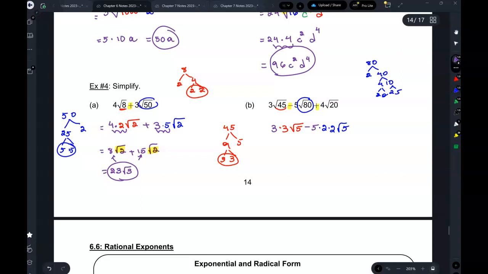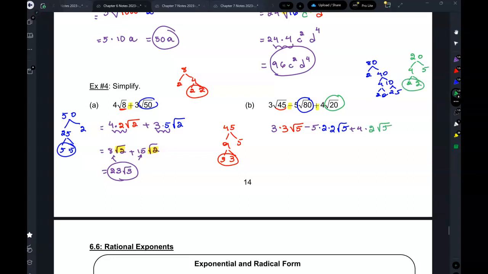Next I have plus 4 times root 20. 4 times 5, 2 and 2. This 2 comes out, 1, 5 stays in.